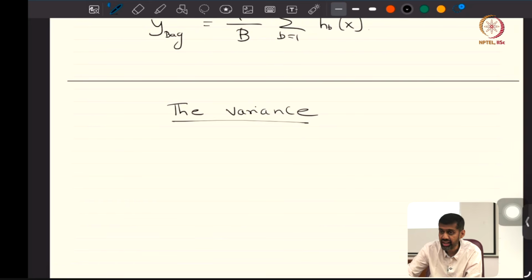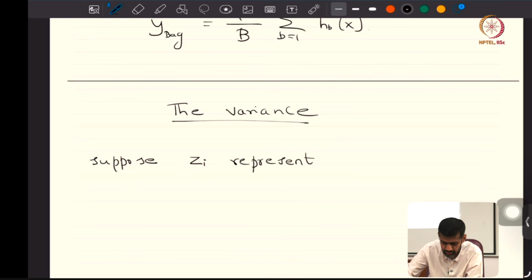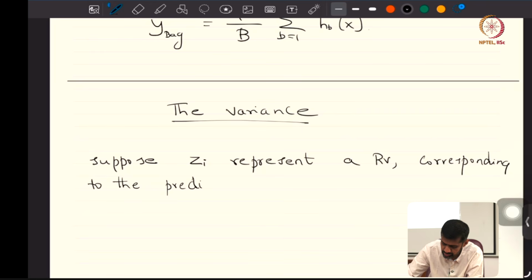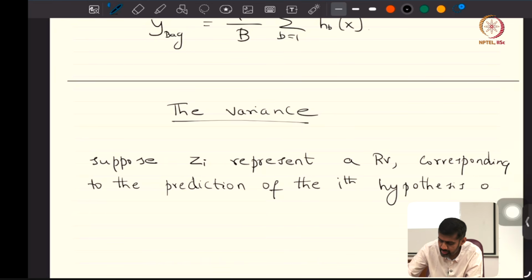Now, we train B individual classifiers, right? So, suppose Zi represents a random variable corresponding to the prediction of the ith hypothesis on a given data point.